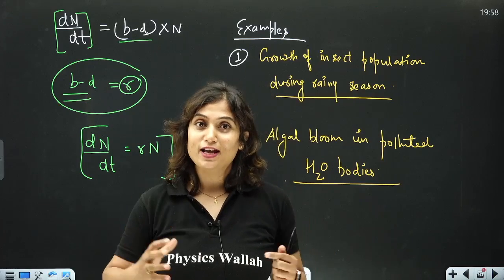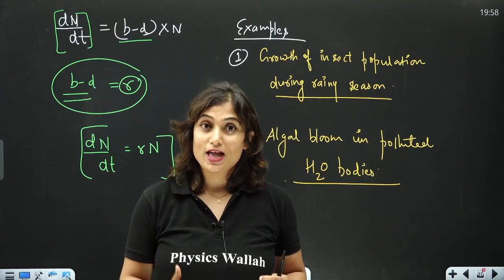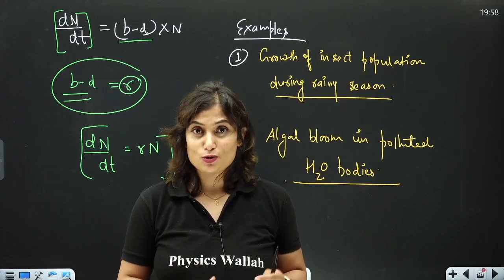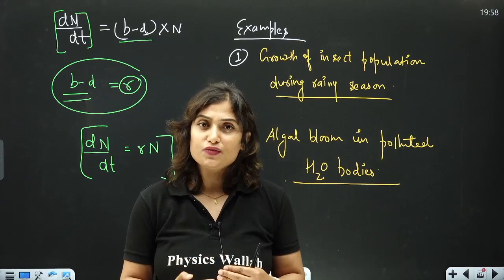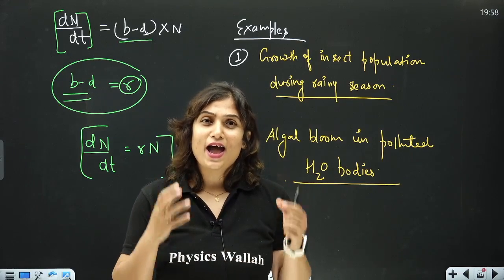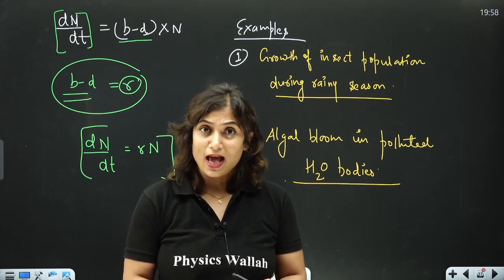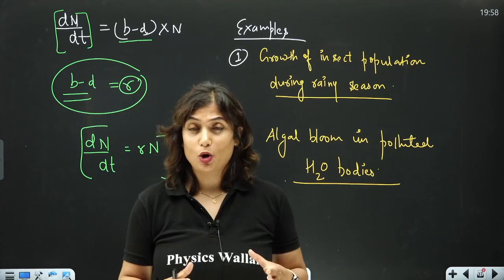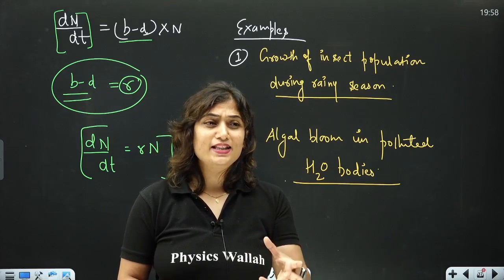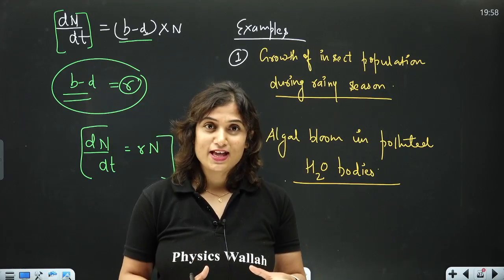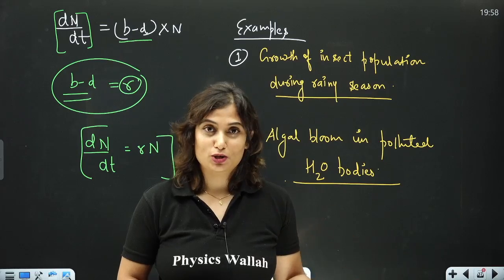So during the rainy season, the insects, the mosquitoes, get unlimited resources for some period of time, and in that period they achieve their R value and add the maximum number of individuals to the population. Likewise, in a polluted water body, the blue-green algae get unlimited resources and they divide extensively and add to the population.